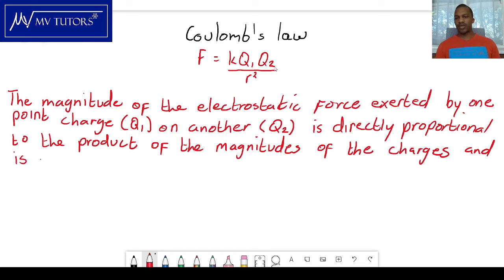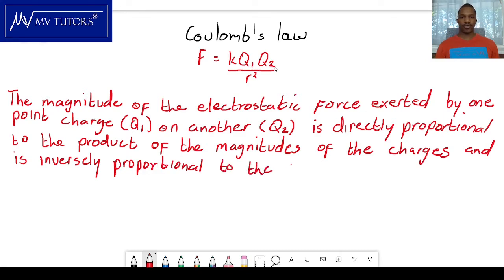is, now let's talk about this r squared. What is that? That's distance, and it is inversely proportional to the square of the distance.